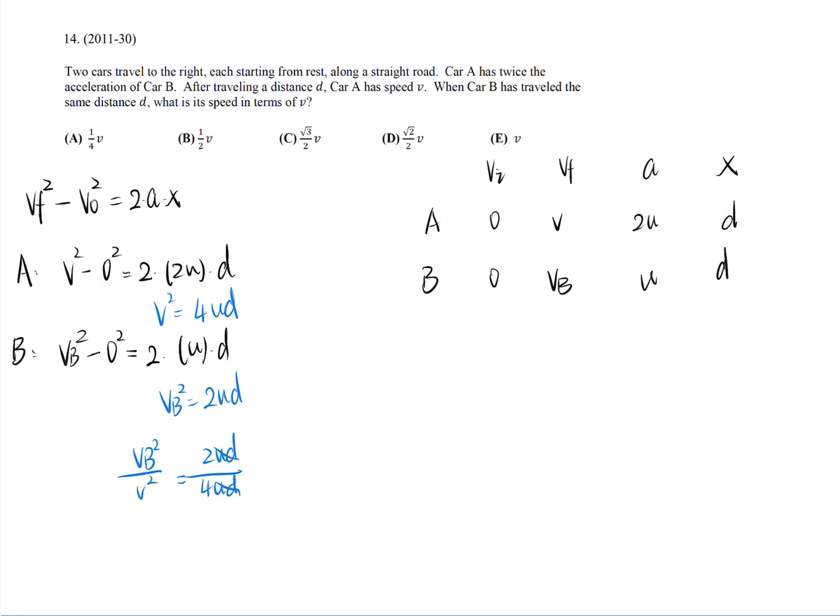The ud can cancel out, and 2 over 4 is the same as 1 over 2. So v sub b squared is equal to v squared over 2. And if we take the square root of both sides, v sub b is going to equal square root of 2 over 2 times v. So the answer is D.